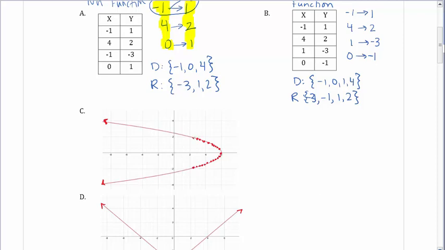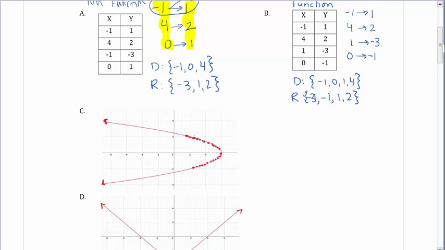And there's an infinite number, so I can't really make a list like I did in A and B, but I can look at the graph and say, okay, are there any boundaries that I can put on the x values, which go left to right, and are there any boundaries that I can put on the y values that go from bottom to top?